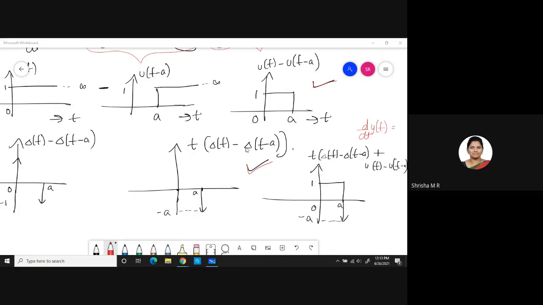And at a you have amplitude as minus a. Okay, if you add these two, you will get this. That is your derivative of y of t.